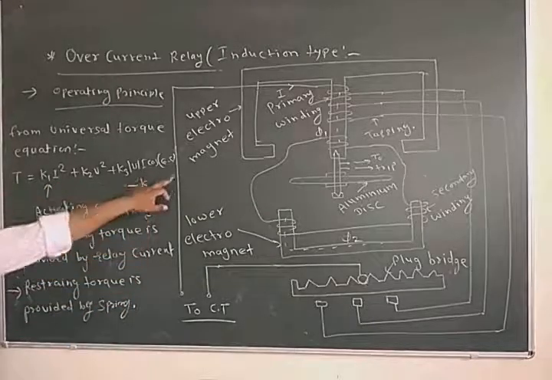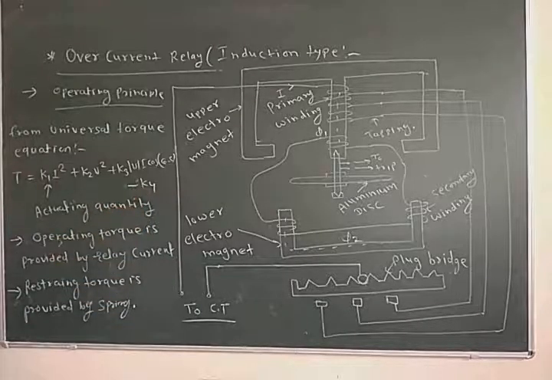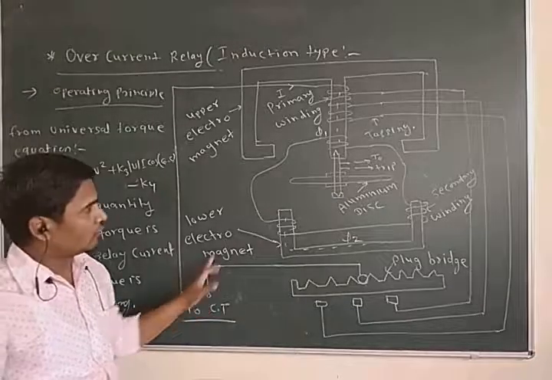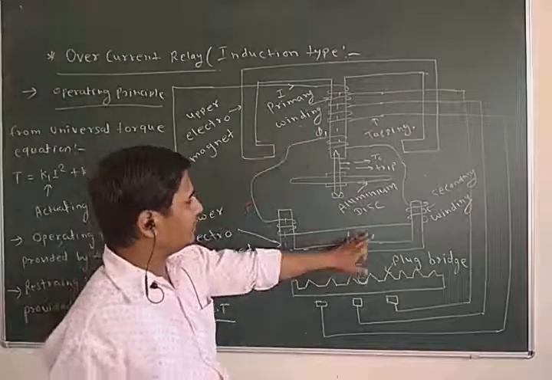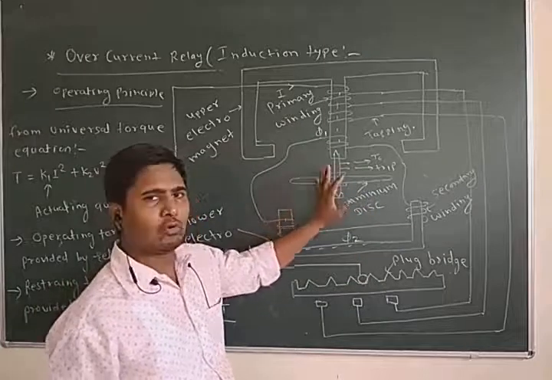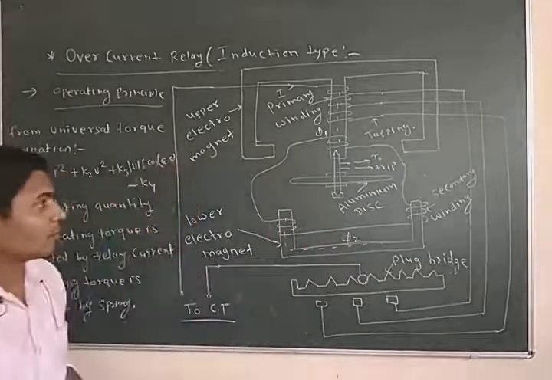Restraining torque is provided by the spring constant, that is minus K4. In normal operating condition, there is no current in the relay, so no electromagnetic flux and no EMF is induced in the disc, so there is no rotating force and our disc is at a stationary position.